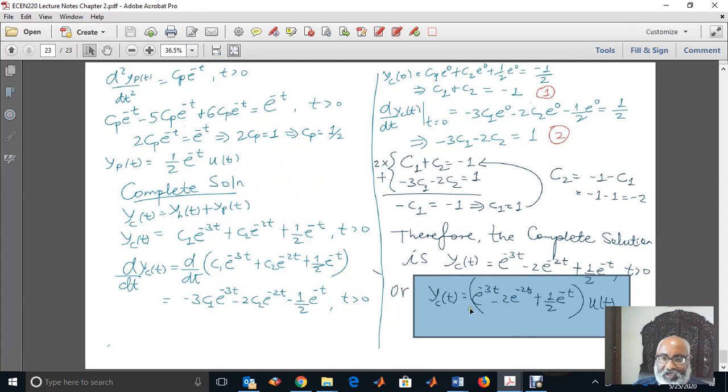The objective is, given the input and the initial conditions, to determine the output y of t. We can solve this by following the procedures we discussed.